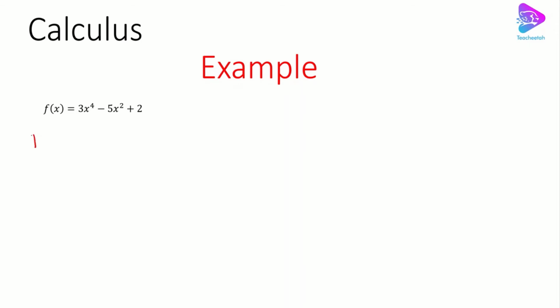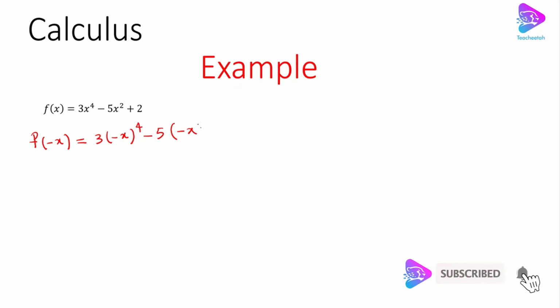So the first step, f of minus x is going to be 3 times minus x to the power of 4, minus 5 times minus x squared, plus 2, and we know that any variable to the power of an even number would result in a positive value.